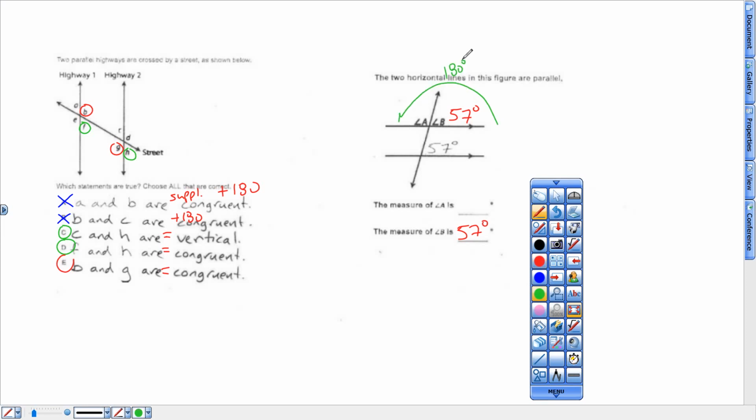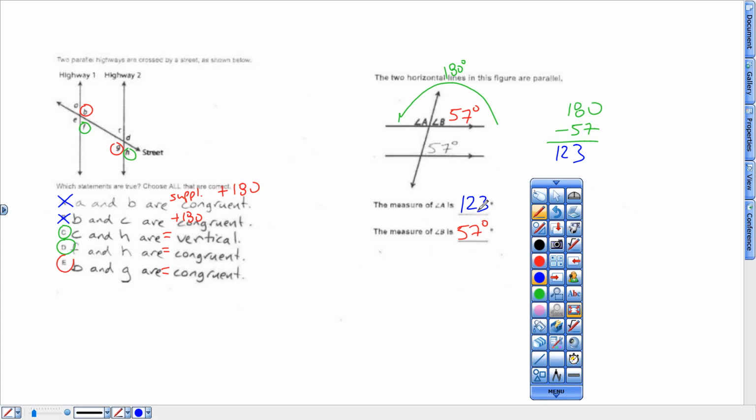If I take 180, take away that 57, it gives me what's left to get that 180 if I was to add it. So if I take away that 57, gives me the angle of 123, because 123 and 57 add up to be 180.